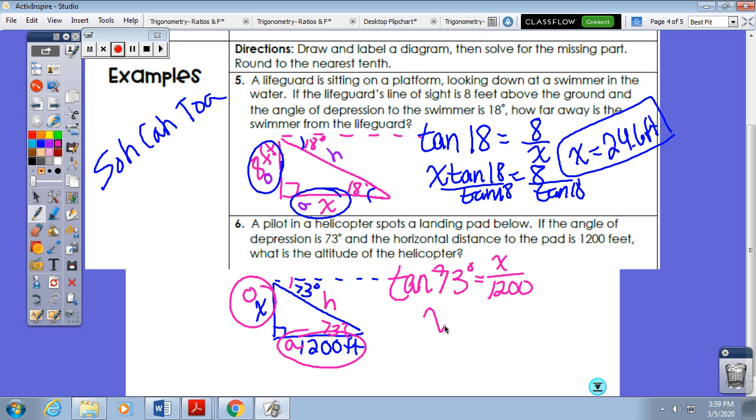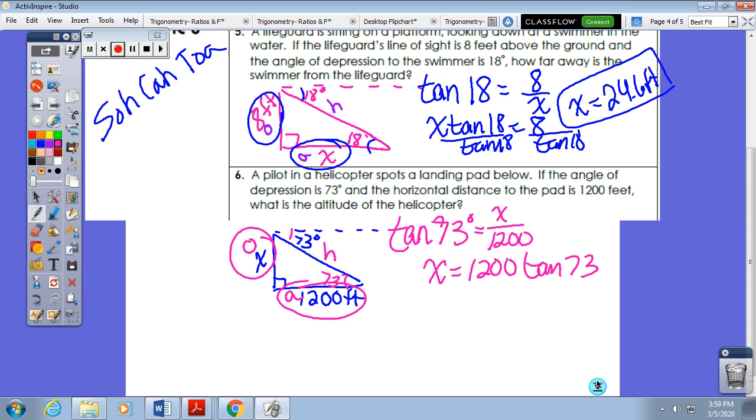Cross multiply, x is equal to 1,200 times tan of 73, which makes x equal to 3,925 feet. So that's how high the helicopter is.